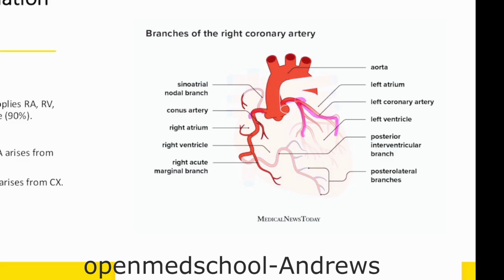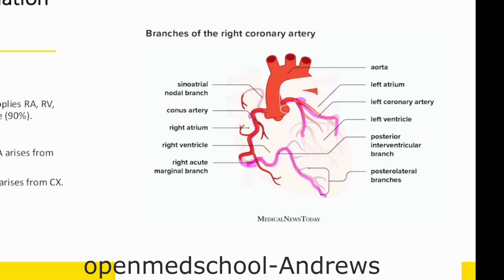The right coronary artery descends posteriorly through the atrioventricular groove, not the interatrial septum, and it usually continues in the interventricular groove as the posterior descending artery. The artery that forms the posterior descending artery is called the artery of dominance.